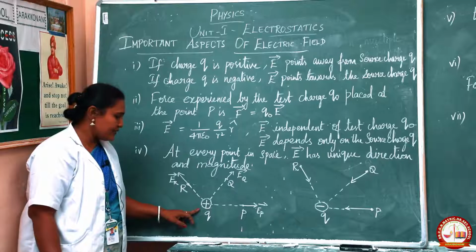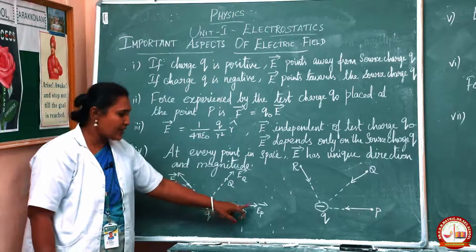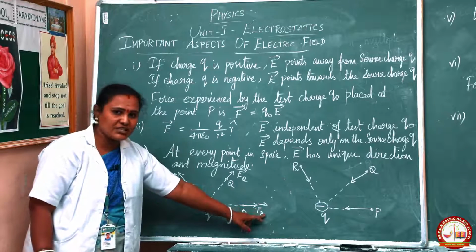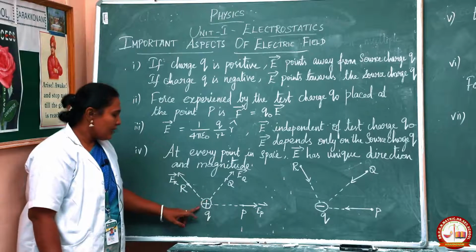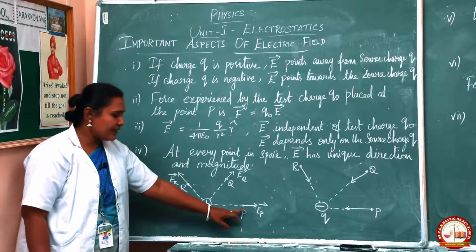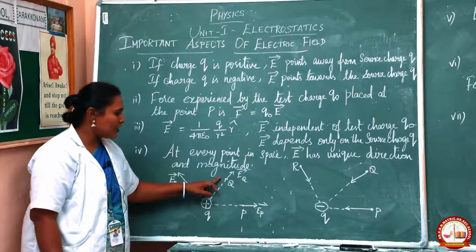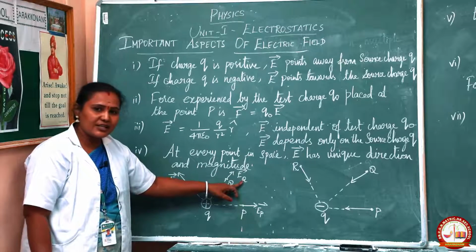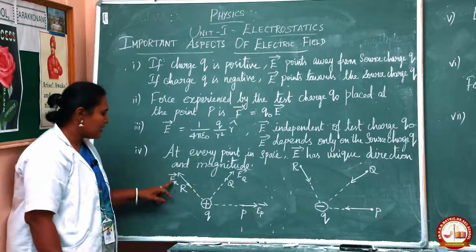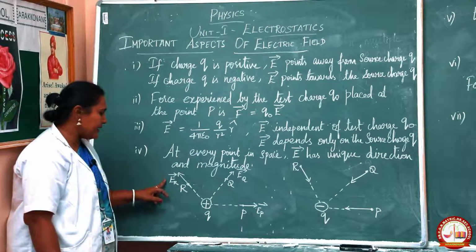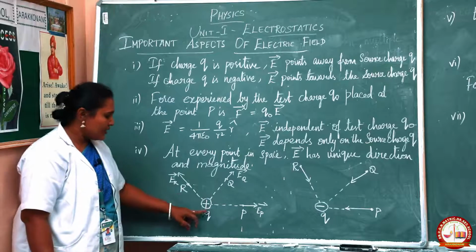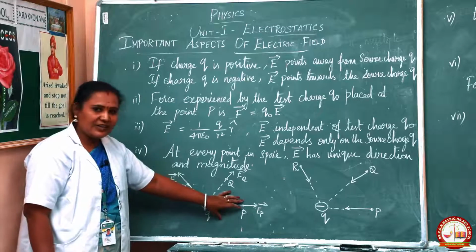Here it is a positive charge, so the electric fields point away from the source charge. Plus Q, you can see at the point P the electric field is denoted by EP vector, at the point Q by EQ vector, and at the point R by ER vector.